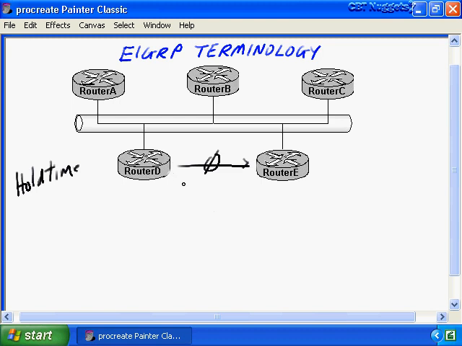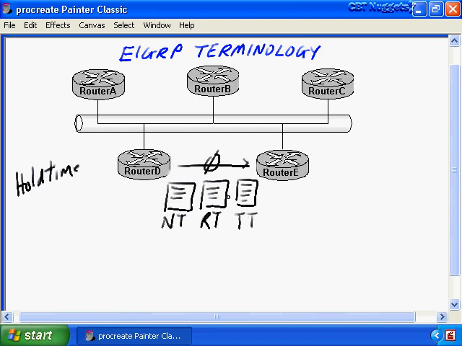Now we've already mentioned that these routers have what's called a neighbor table. We've also established that these all have what are called routing tables. There is a third table in EIGRP that is called the topology table. The topology table, TT, is a data structure that contains all of the learned routes to destinations, and these are maintained for each routed protocol.